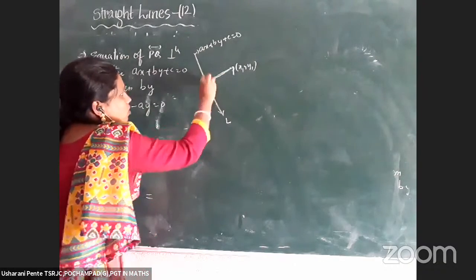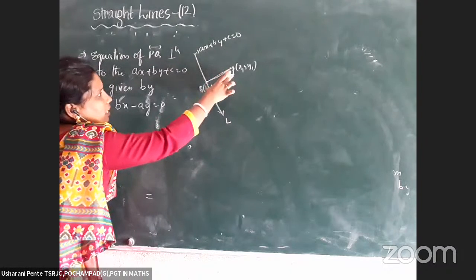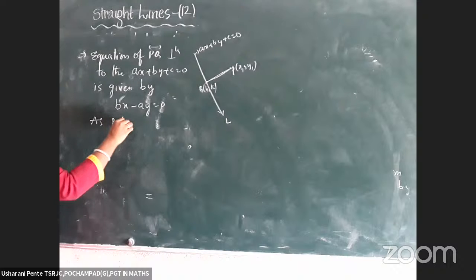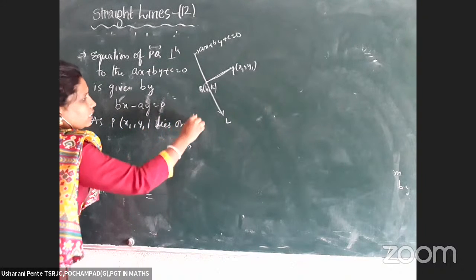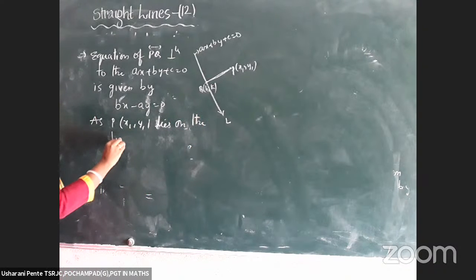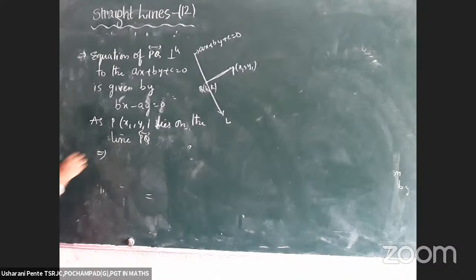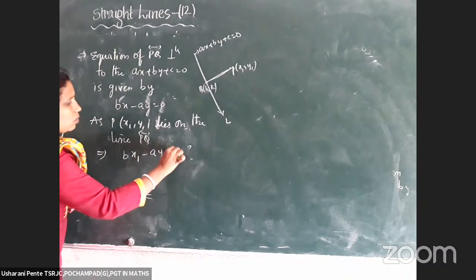This is the equation of PQ. On this PQ we have a point P, as P(x1, y1) lies on the line PQ. This implies that bx1 minus ay1 is equal to 0.